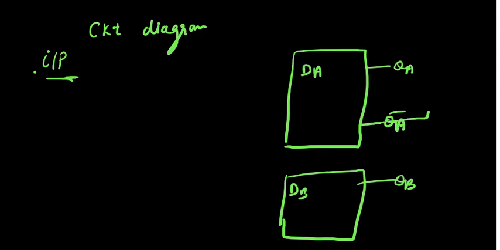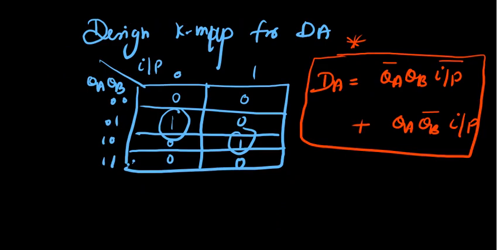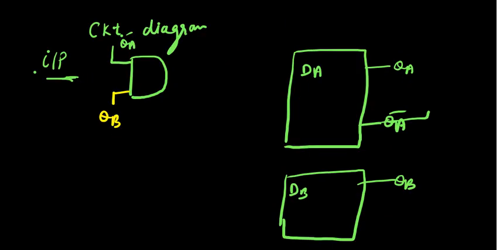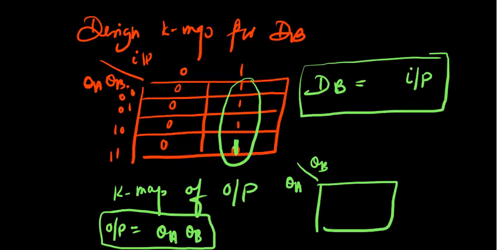So for QA bar, we have to design an AND gate where this is QA bar, this is QB, and input bar. Here you have to write input bar. This along with QA, QB bar, input.